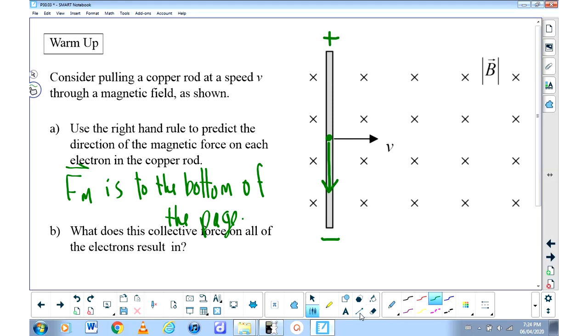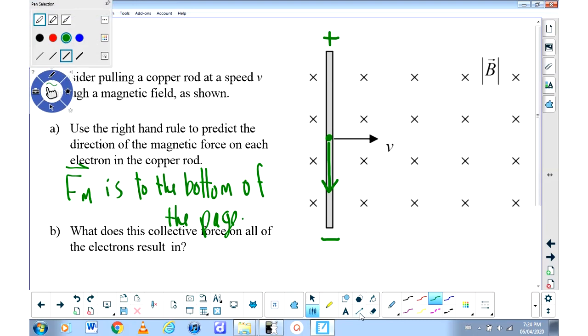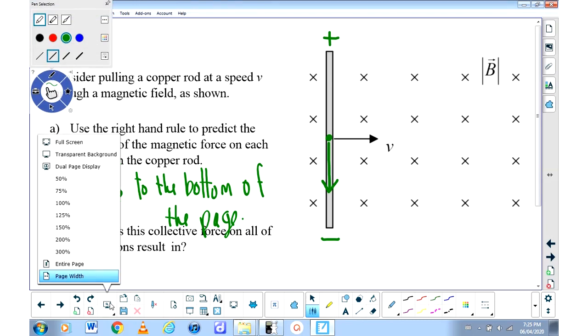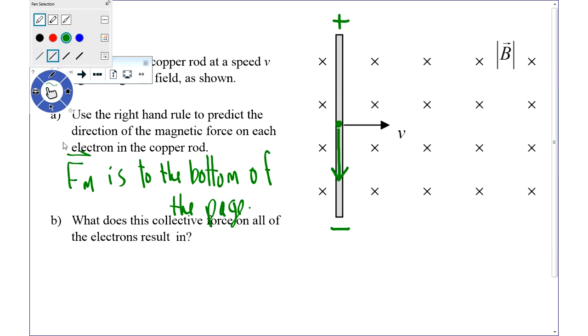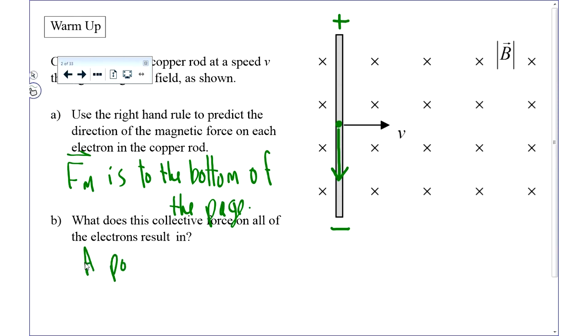Bottom line, though, is what does this collective force result in? A potential difference. The top of the rod becomes positive, the bottom becomes negative, so you create a potential difference. A voltage.